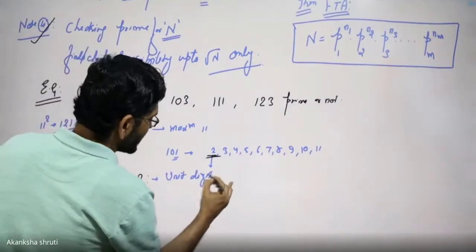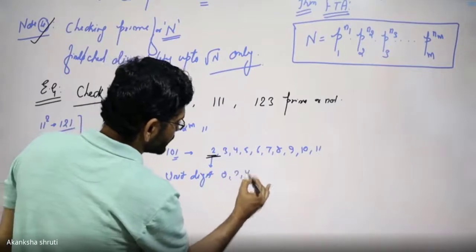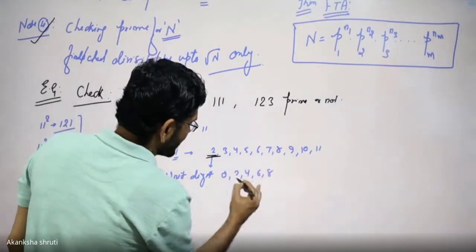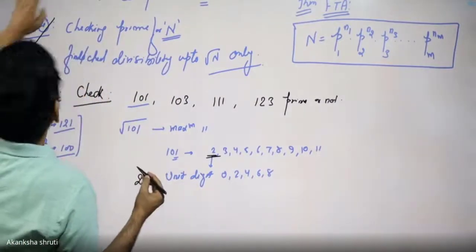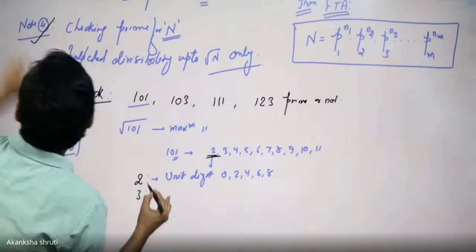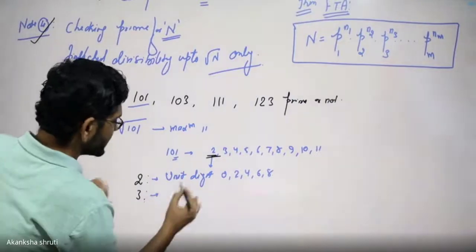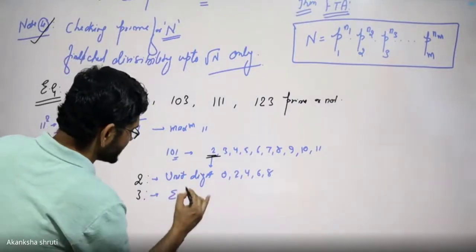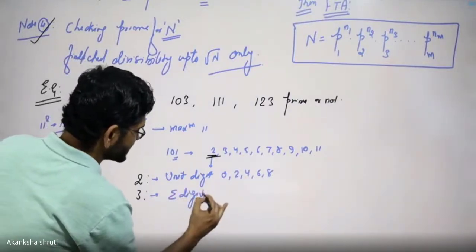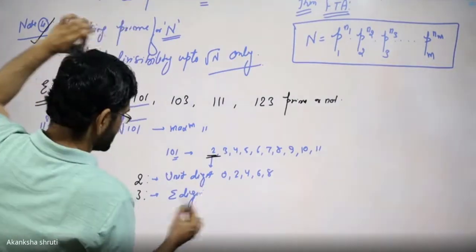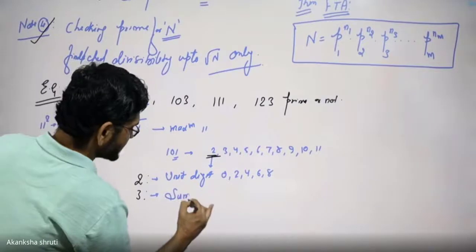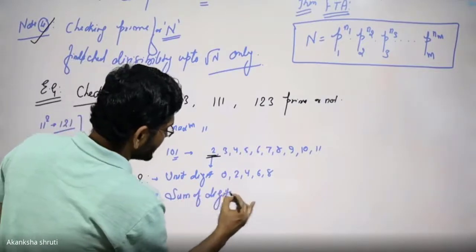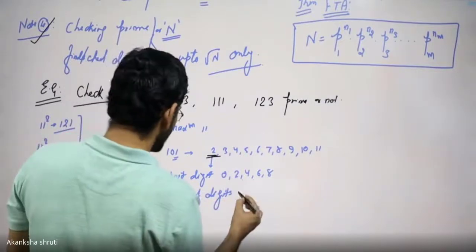This should be 0, 2, 4, 6 or 8, which means it should be even. For checking with 3, students, you have to find the sum of digits of that number.